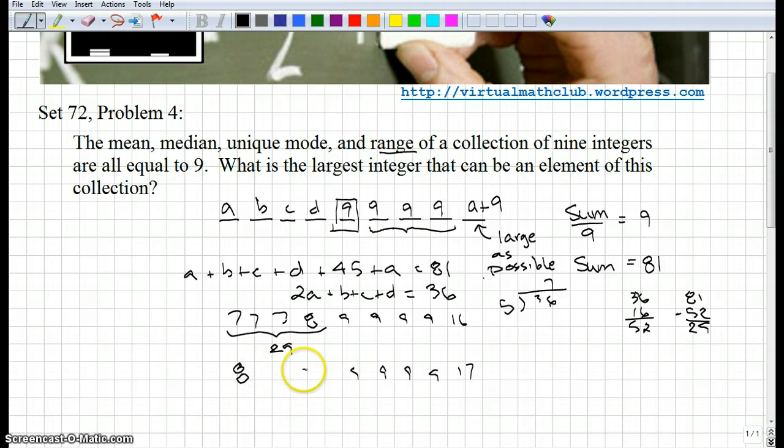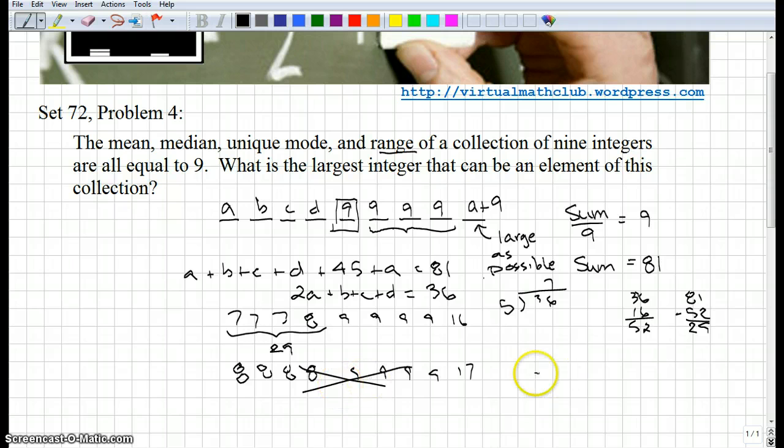And if we have 4 8s, 4 8s is 32, that's not going to work, is it? And that's as low as we can get, because we need a range of 9, and so if we have 17, the lowest one has to be 8. And this is going to give us a sum that's too big, plus it doesn't have a unique mode. It's got 4 8s and 4 9s, and so it doesn't have a unique mode. So this doesn't work.